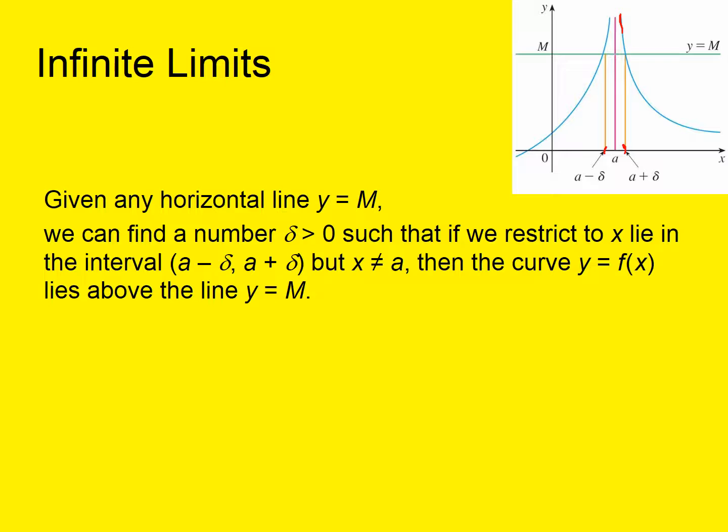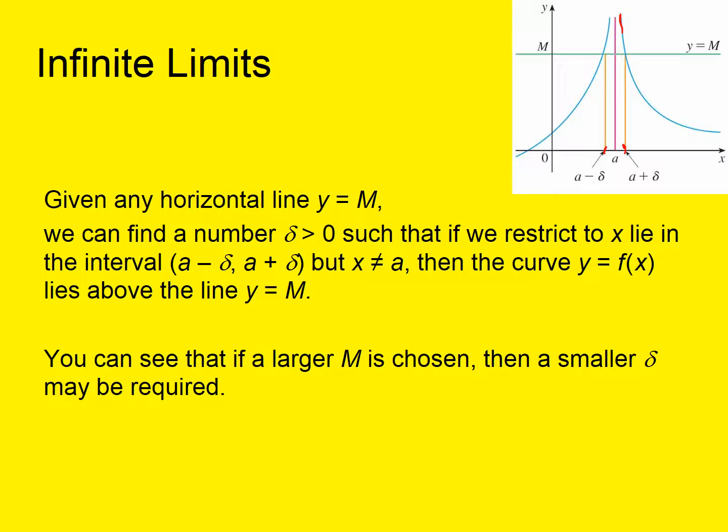Then we will have proven an infinite limit. The curve y equals f of x lies above the line y equals m. You can see that if a larger m is chosen, if we want m to be up here, then we're going to need delta to be smaller.